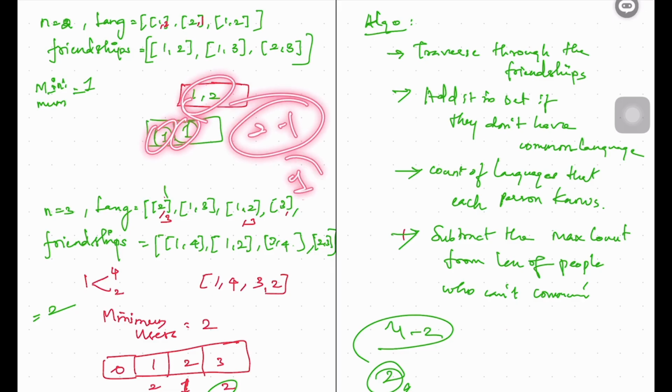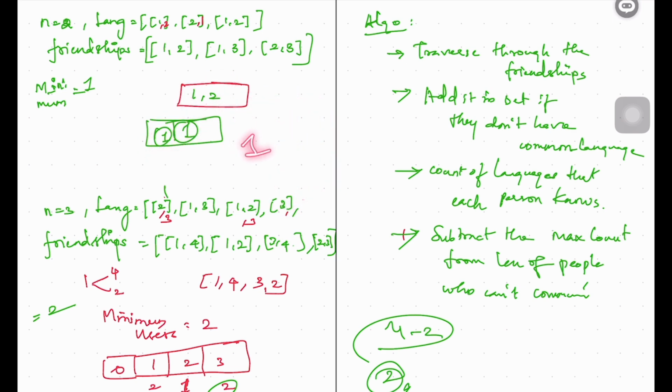You can make any one person learn the other language, either make 1 teach 2, or make 2 teach 1. Yes, I hope this makes sense.